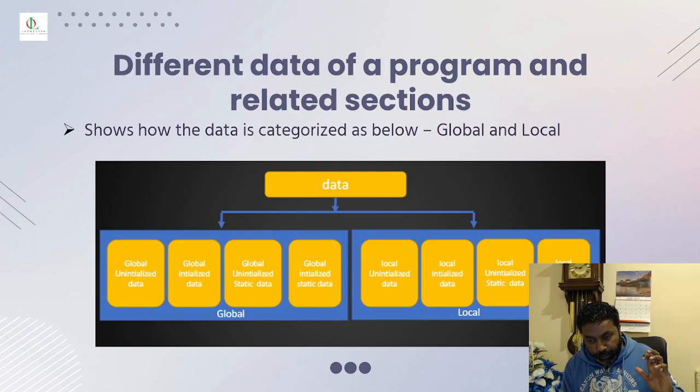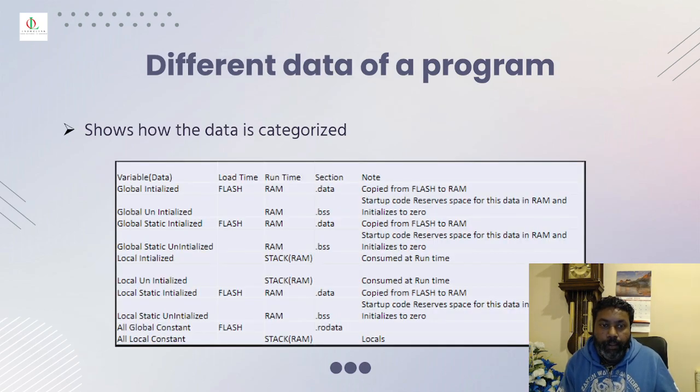You can also write your own sections to say where they have to go. You can dissect the sections and write your own sections, but you have to specify it to the compiler, otherwise it won't do it. So these are all the different data types of a program, where the data is categorized and where it actually lives in the memory locations.